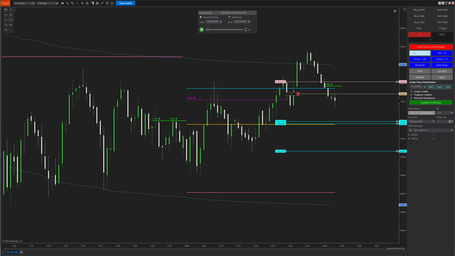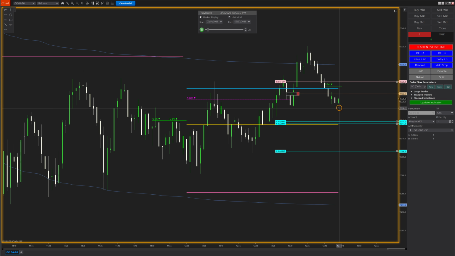Just not a lot of movement, a lot of wicks, so giving it a little room to breathe. One more push down and maybe I can move it to break even. Although this just, no, it hasn't quite.